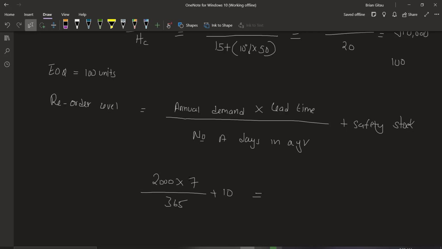This will give us 14,000 divided by 365, which is 38, plus 10, giving me 48.35, but we ignore the decimal, so it's 48.